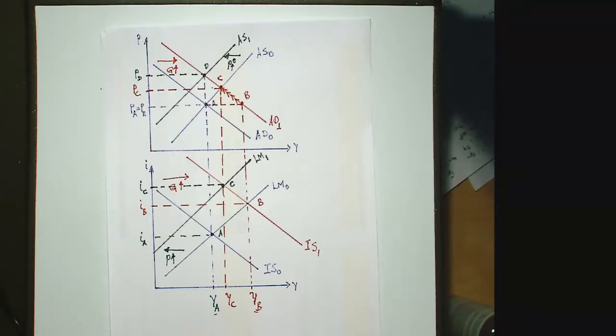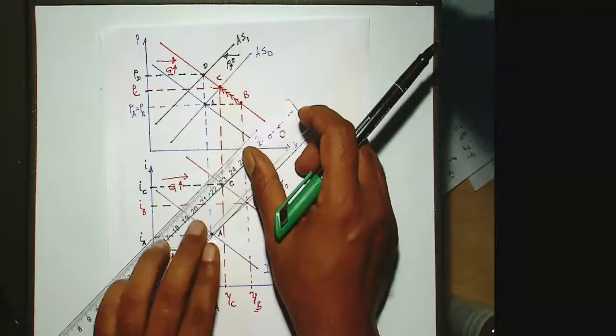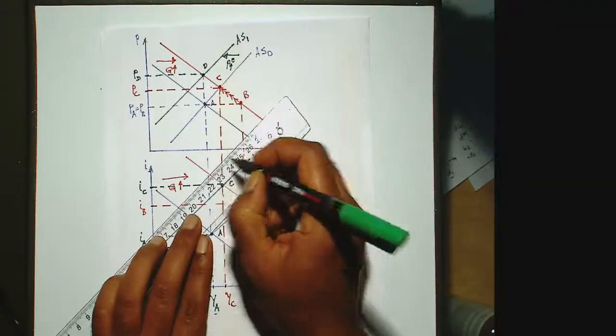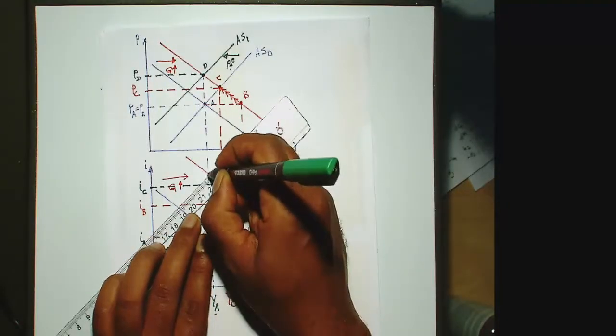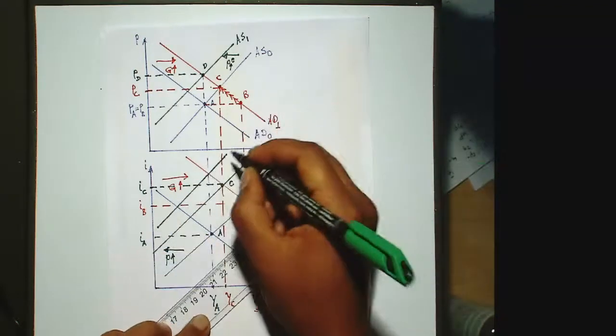This increase in price would again be impacting our ISLM model. We have initially said that if price increases, our real money supply would decrease, since our real money supply is represented by the formula M divided by P. So if price is increasing from PC to PD, our LM curve would shift inwards more to indicate this decrease.